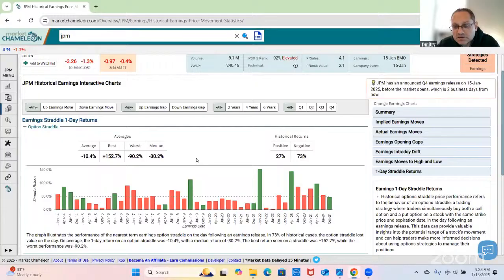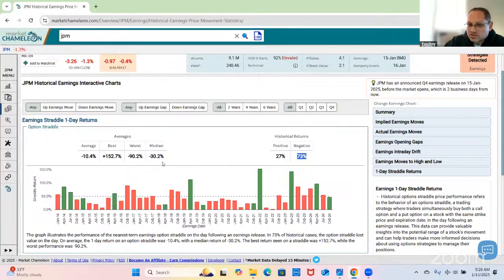The median, where half the straddles did better, half did worse, is negative 30%. So you could see that 73% of the straddles lost value the next day, 27% gained in value. In other words, 27%, if you bought the straddle, the next day it was worth more. 73%, the next day it was worth less.